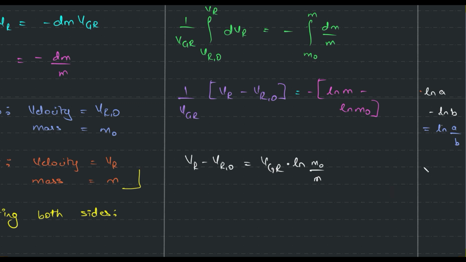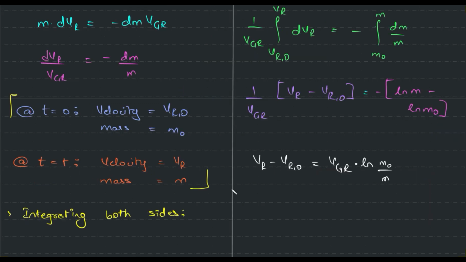And one more formula that you need to know is negative log of m is the same as log of 1 by m. Again, if you don't know all of this, you need to learn log. If not, well, you're at the wrong place as of now.